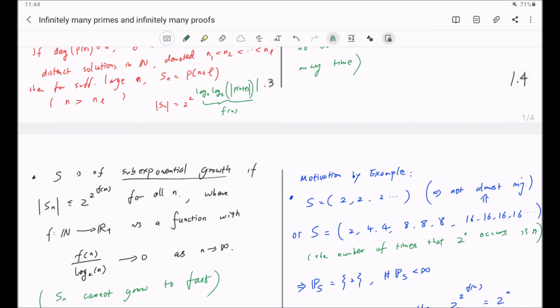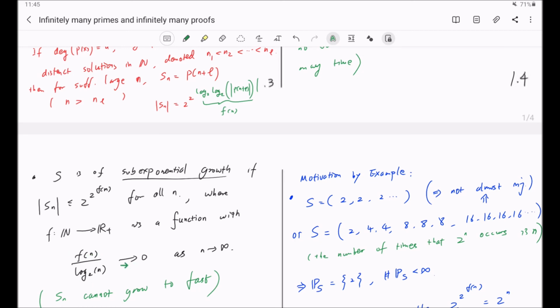This p of n plus L will be bounded by some power of n for large n, and you can move that power outside, and we'll take the logarithm twice. The growth rate will be slower than when you take the logarithm just once.